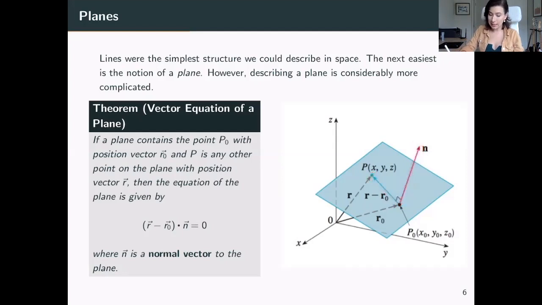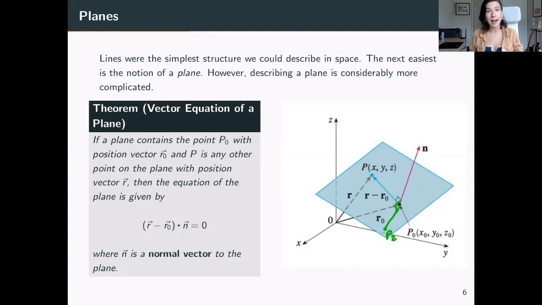In fact, even if I chose another point, let's call that other point P2, and I looked at this distance, again, I would have a 90-degree angle between that line and my vector n. The vector n will be perpendicular to any vector on the plane in this image.